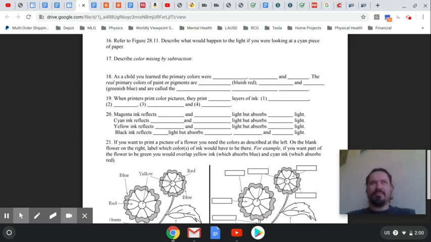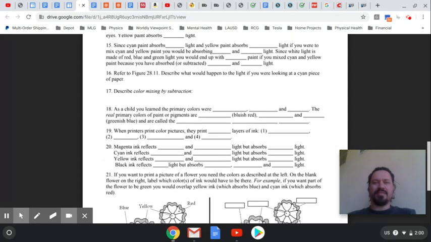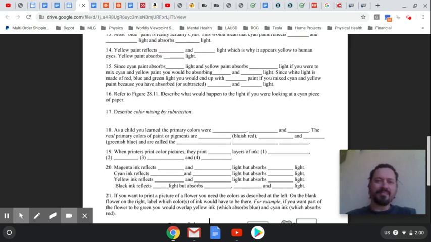And I knew that fancier displays had smaller pixels, so it looked less grainy. But I never really understood this whole idea of color subtraction. And so it's an interesting thing, and it explains why we have those colors in our printers and not red, green, and blue, like you might expect.